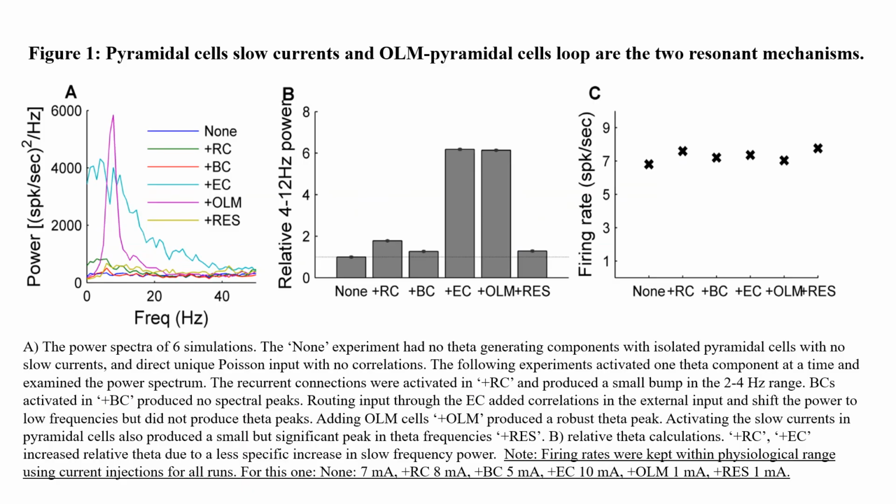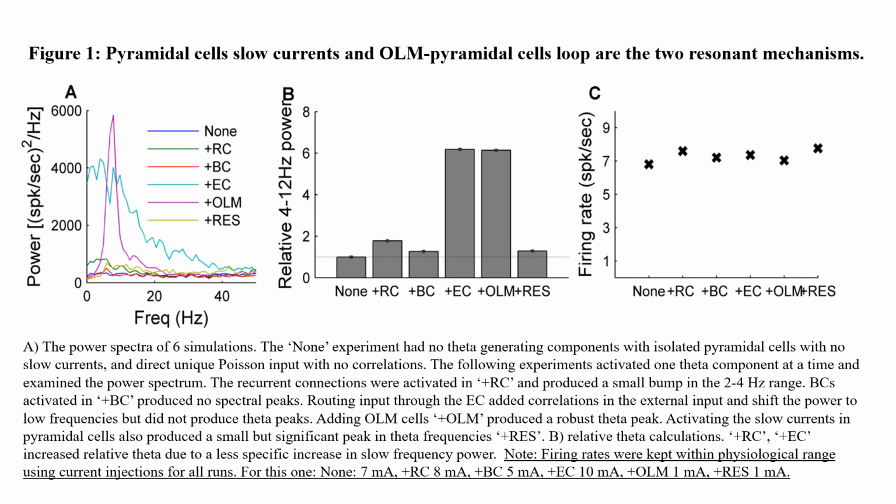So coming up on some of the experiments we ran, here we show the power spectral density of 6 simulations. The Null experiment had no theta generating components, with isolated pyramidal cells, no slow currents, and direct unique Poisson input with no correlations.